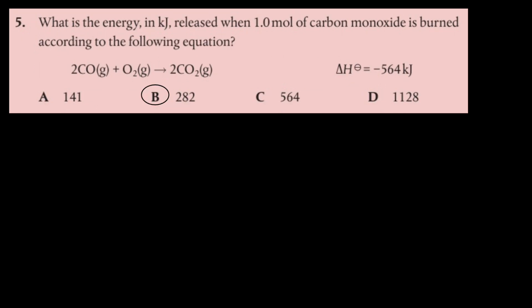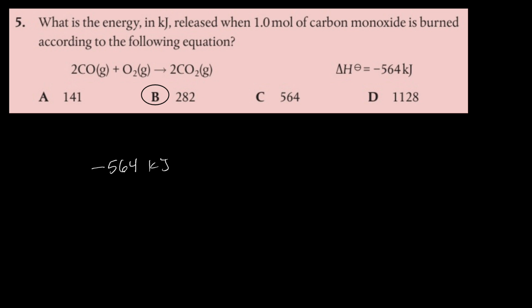Five says, what is the energy in kilojoules released when 1 mole of carbon monoxide is burned according to the following equation? So we have negative 564 kilojoules that are released.